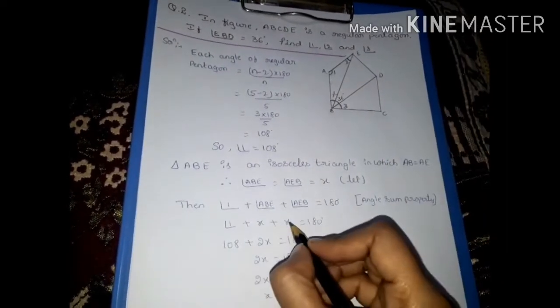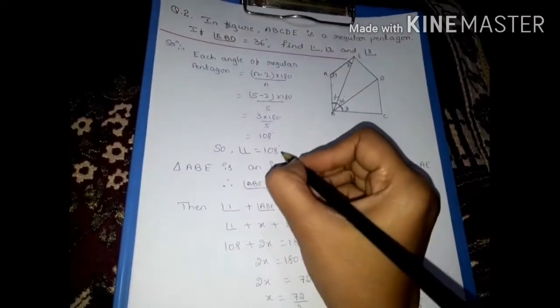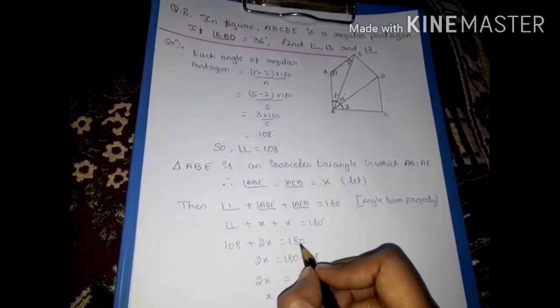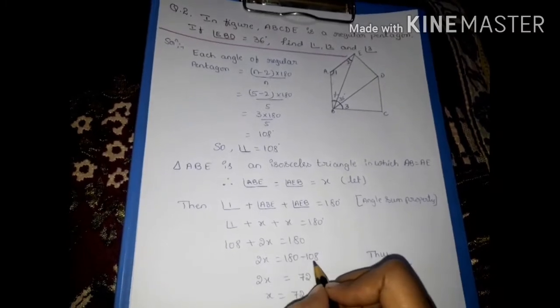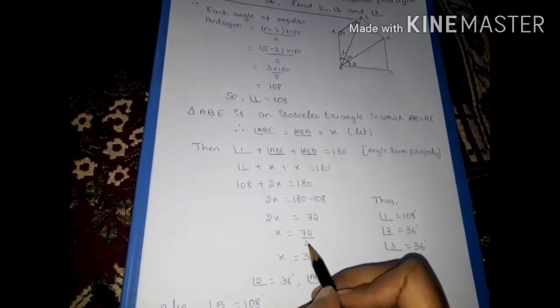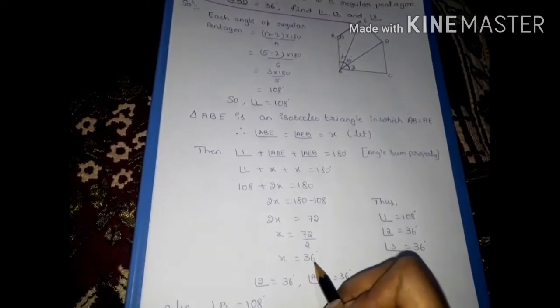So x plus x equal to 180 degrees. Angle 1 we got 108, substitute, plus 2x equal to 180 degrees. 2x equal to 180 minus 108, we get 2x value 72. x equal to 72 by 2. 2 ones are 2, 2 threes are 6. X value we get 36.